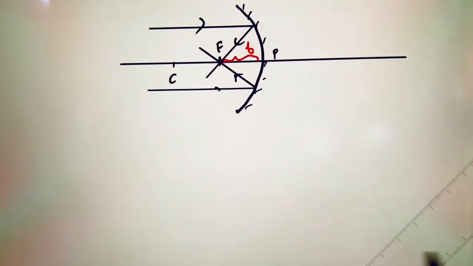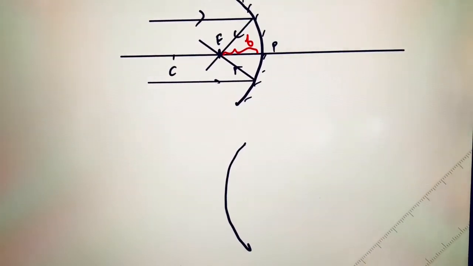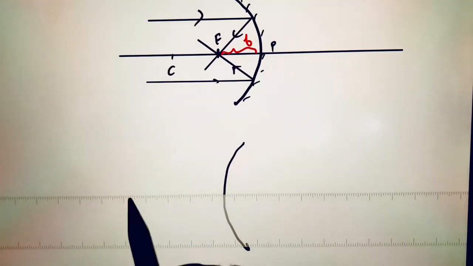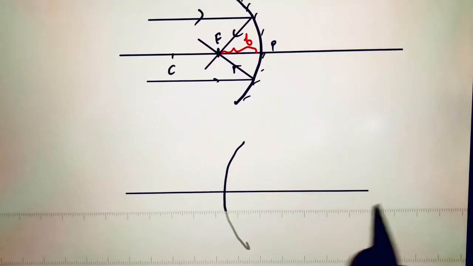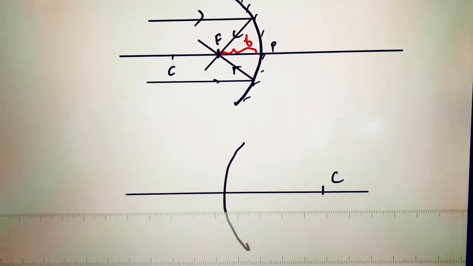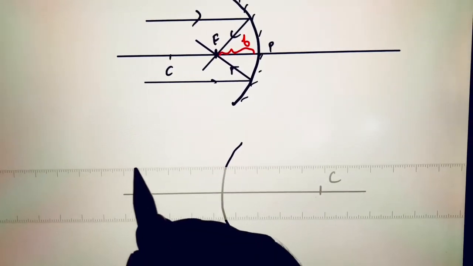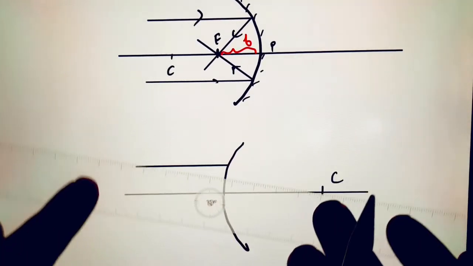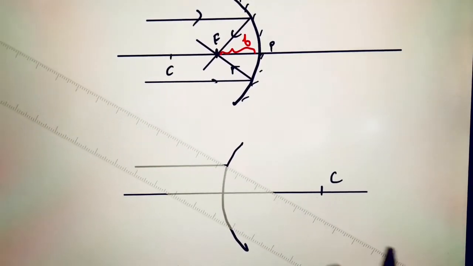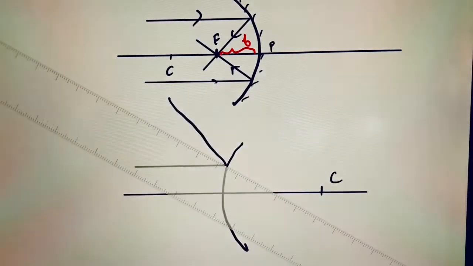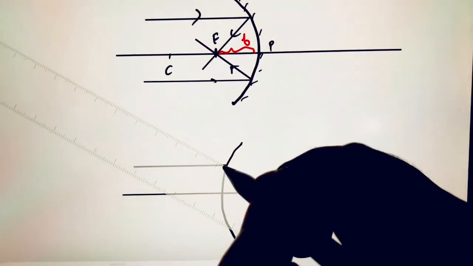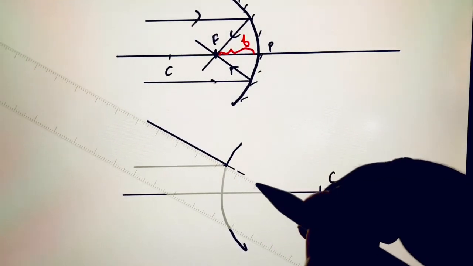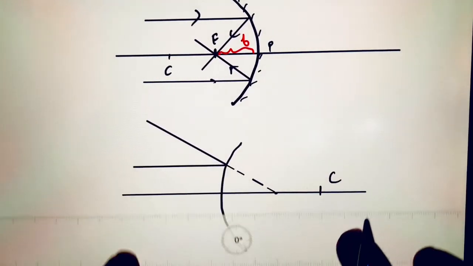Now let's try to see what a convex mirror does. Let's say this is the center of curvature here. Rays of light parallel to the principal axis, on striking the mirror, will go away like this. After striking the mirror they will diverge, and if I retrace the path of these lines, they appear to come from a point like this.